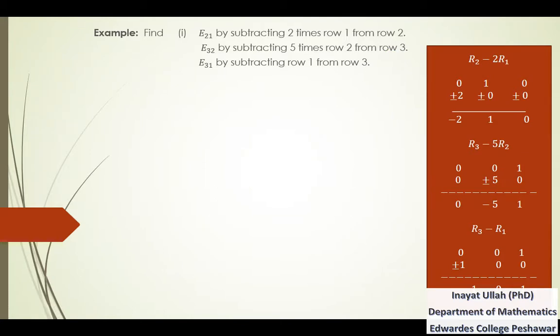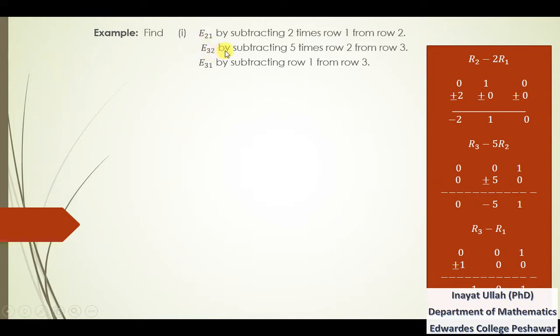Just look at E21. E21 is obtained by subtracting 2 times row 1 from row 2. Just look at this order, 2 1.